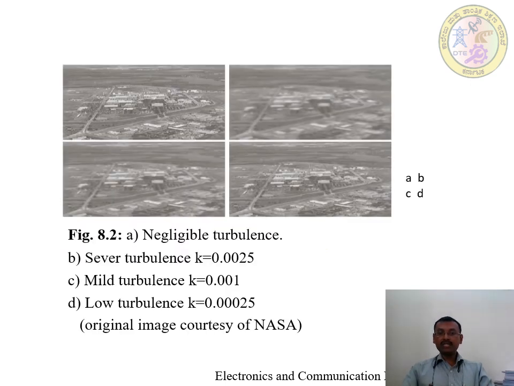Figure 8.2a is with negligible turbulence, b is the severe turbulence with k value 0.0025, c is the mild turbulence, and d is the low turbulence values. These images are taken from NASA, with the courtesy of NASA.